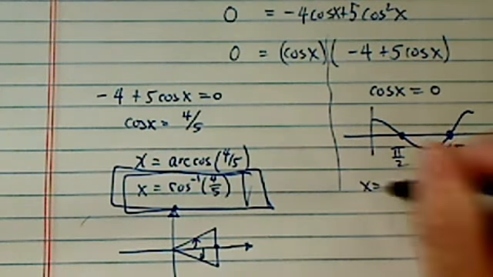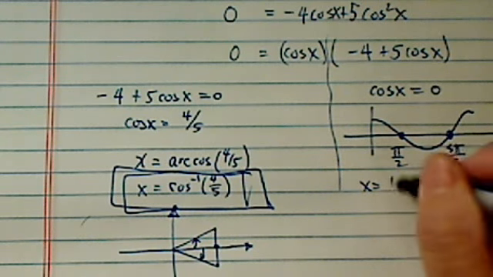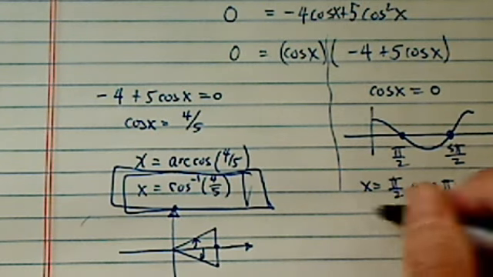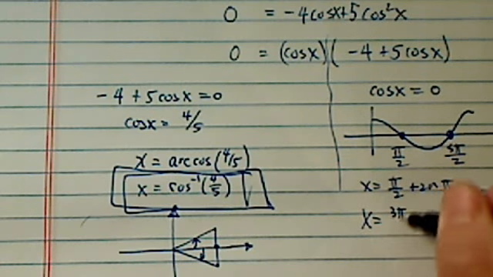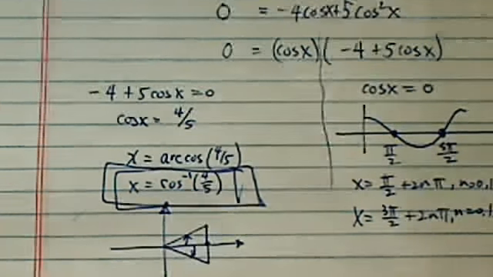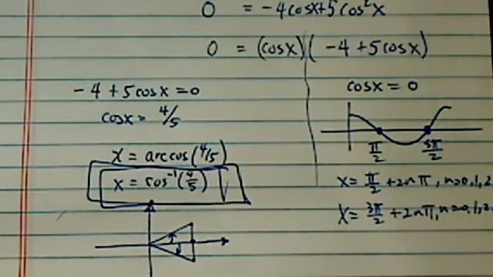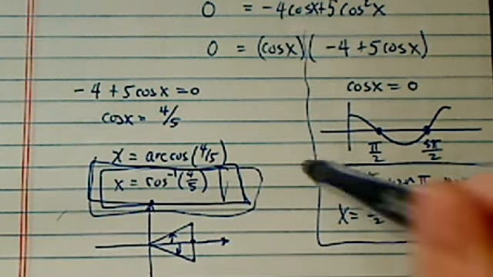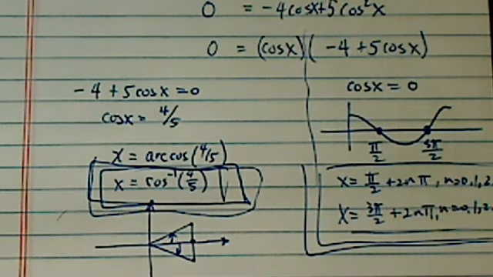So you can write pi over 2 plus 2n pi for one of them, and then x also equal to 3 pi over 2 plus 2n pi, where n equal to 0, 1, 2, and so on and so forth, to be complete, because we were not told just to find a solution in the first quadrant. So this should give all the solutions to this trig equation we're trying to solve.